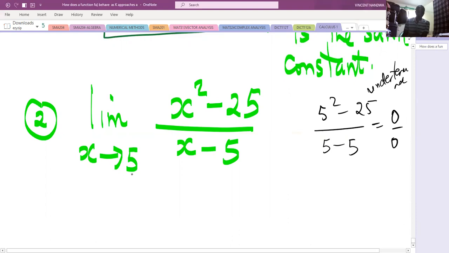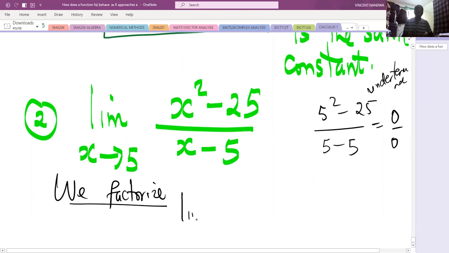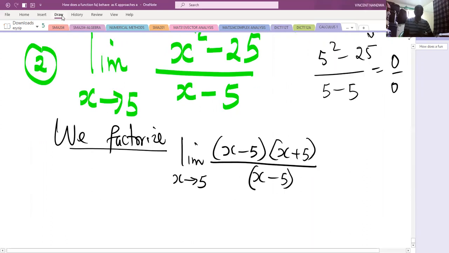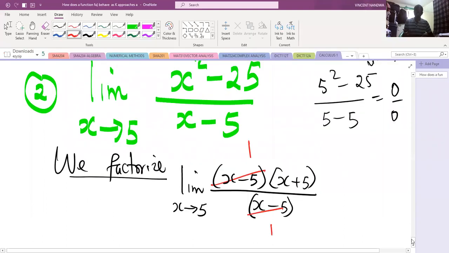So we factorize. We use the factorization method, whereby we have limit as x approaches 5. These are a difference of two squares: x minus 5 times x plus 5, divided by x minus 5. After this factorization the problem becomes much simpler because x minus 5 cancels out.